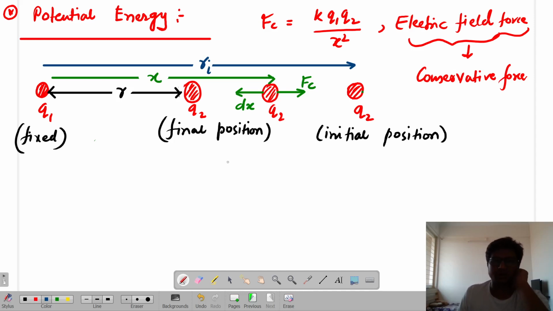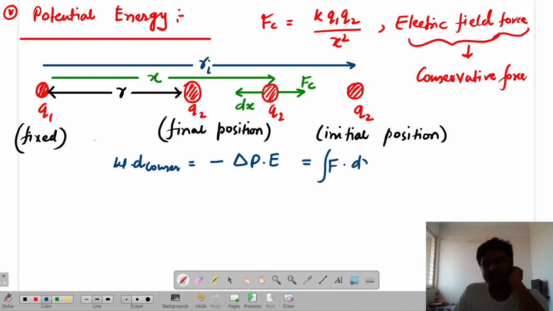So when it is called a conservative force, we know that the work done by this conservative force will be minus of change in potential energy. But that is equal to what?